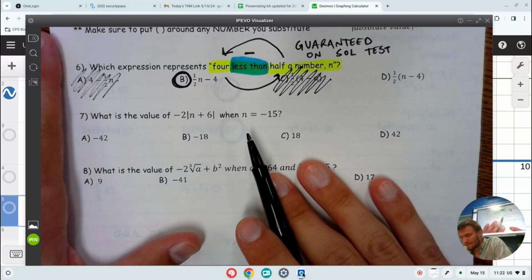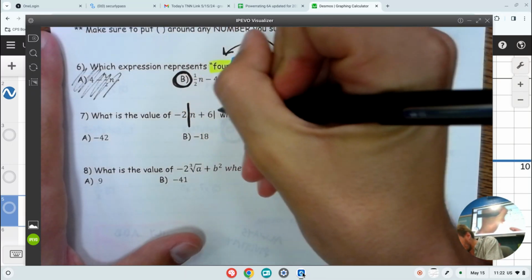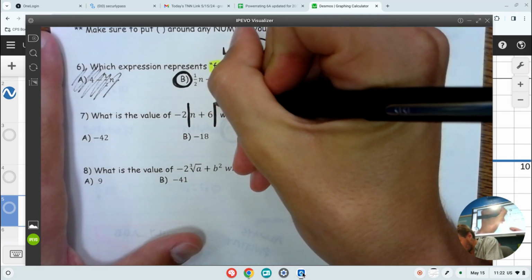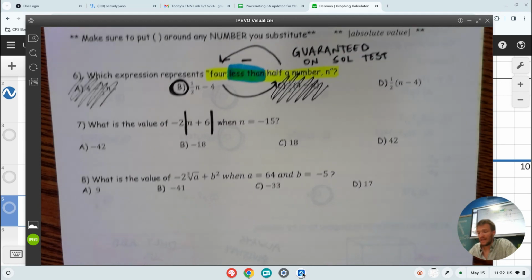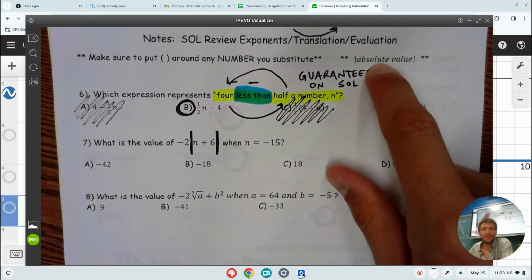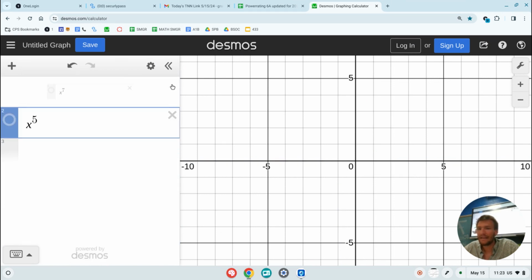So first of all, what the heck is this bar that we have right here? Now, the truth is, you don't really have to know. It's called an absolute value, but again, all you need to do is know how to type it in. There is a button on the keyboard.